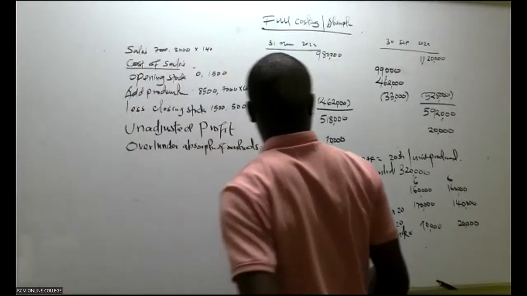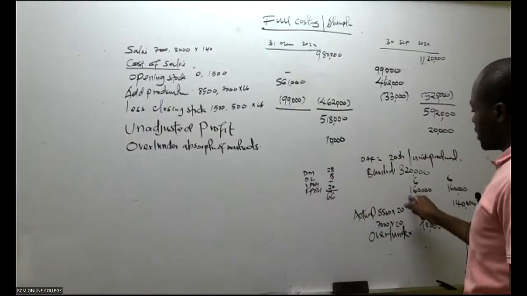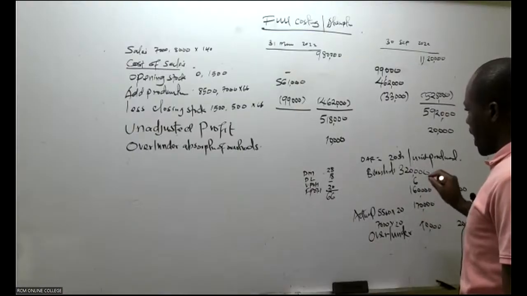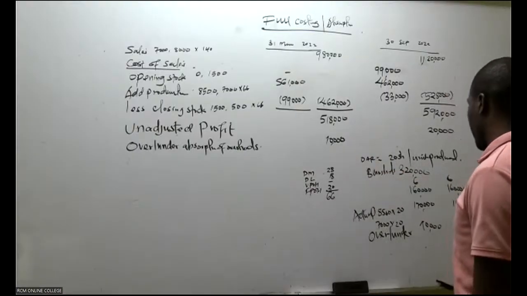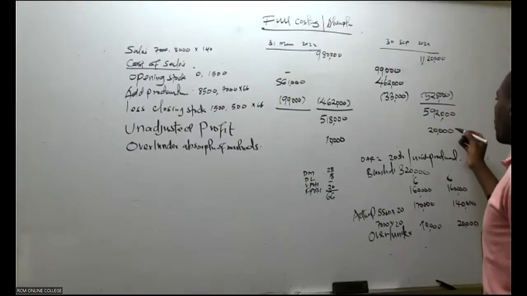So the 10,000, the real one is 170, but we stated 160. So what do we do? We add the 10,000. The actual is 140, but we indicated 160. So we less.